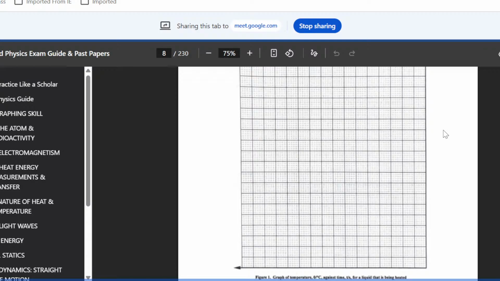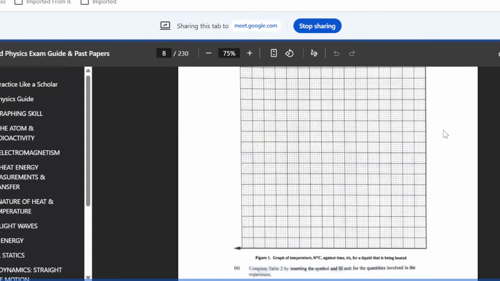All right, so you need the quantities, you need the units. Good. Anything else missing? You need a title. But in this case, one was provided. So make sure in the title you are very specific as to what you're plotting.